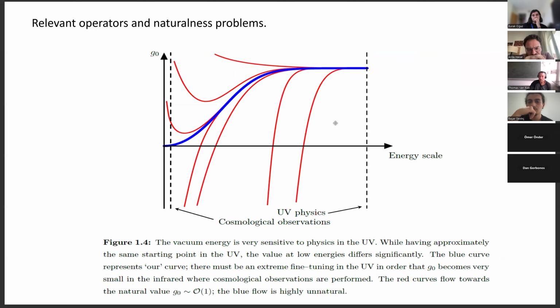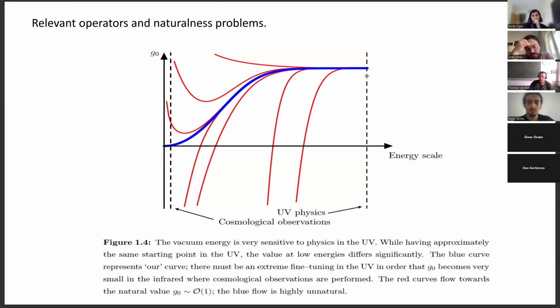And this is the intuition I like to use. So what you see on this slide is some relevant parameter on the vertical axis, G0. Think of it as a Higgs mass or vacuum energy. And then the horizontal axis is energy scale.